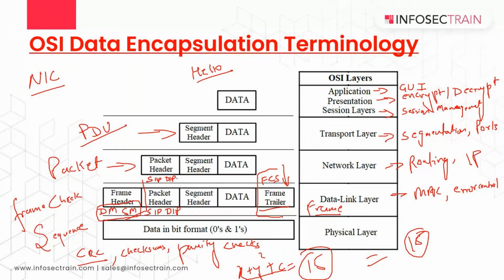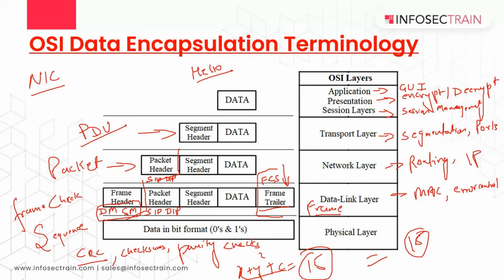Now the network layer checks the source IP and destination IP. What is the source IP written? What is the destination IP written? Right? If the destination IP matches, then it will remove this packet header also.